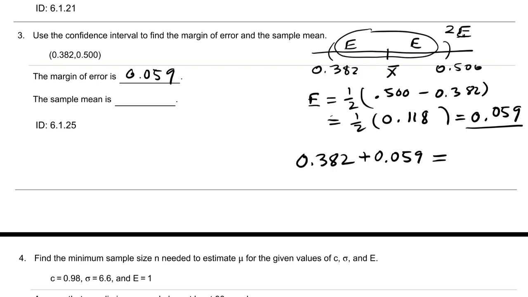So if I do that, I get 0.441, and this is x bar. Realize that if I took x bar 0.441 and added another e to it, I'll get to 0.500, the right endpoint.